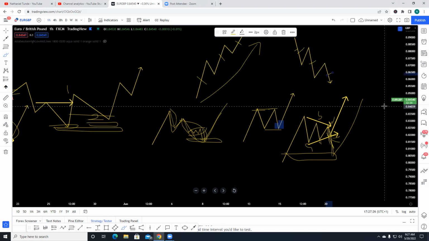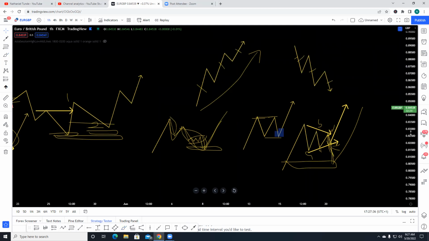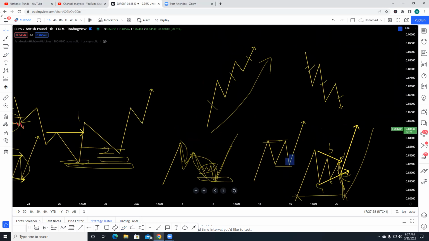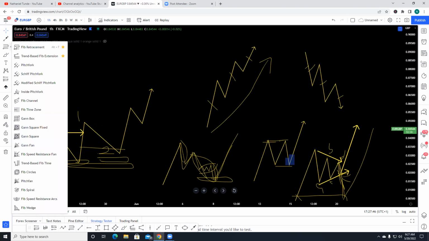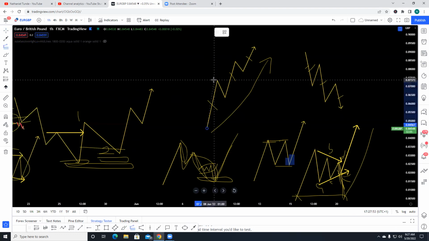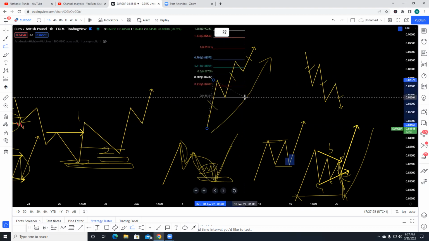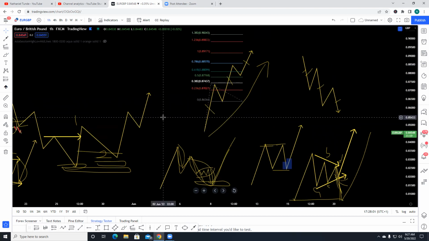So wave 3 will normally terminate at the 161.8 fib extension of wave 1 to 2. All right. For those that do not understand what fib extension is all about, when you come to your fib tool here, there's a small arrow beside it. Drop down, take the trend-based fib extension, drop it at wave 1, take it to the end of wave 1, then take it back to wave 2.